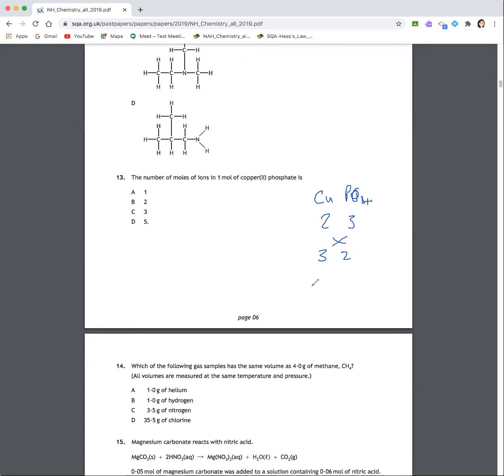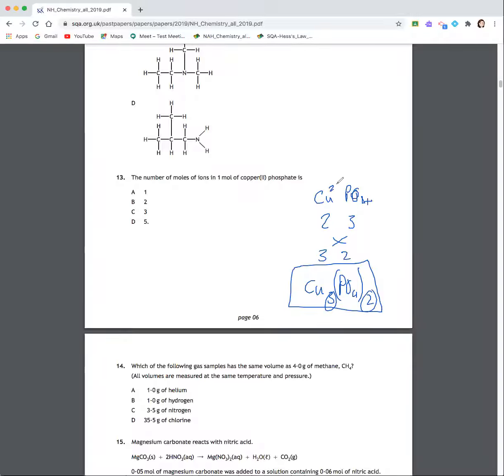So you've got 3 copper ions and 2 phosphate ions. So it's these subscript numbers that give you the number of moles. So in 1 mole of copper(II) phosphate, which is what this is, you have 3 moles of copper ions and 2 moles of phosphate ions.